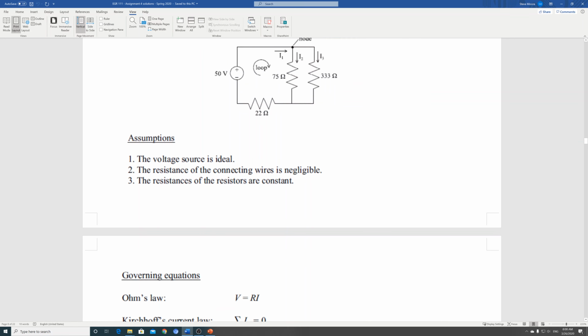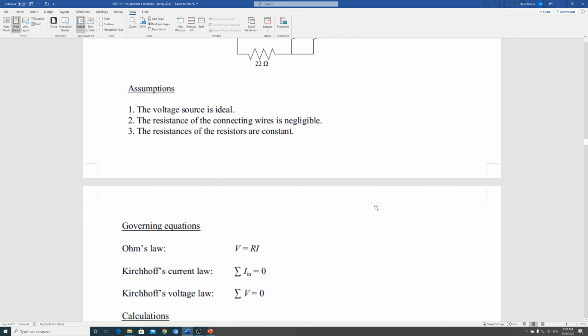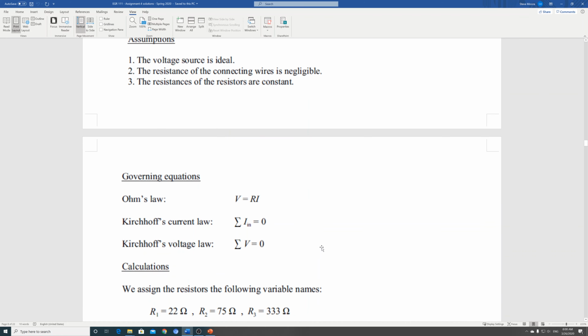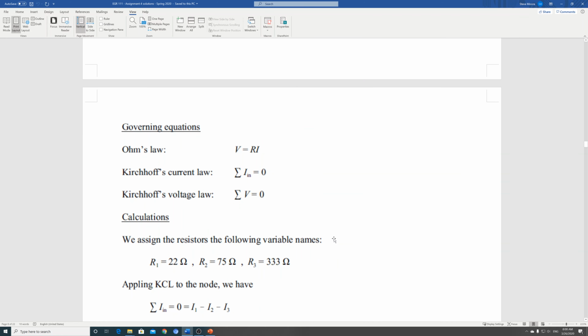Okay, so here's our governing equations. Of course, Ohm's law, Kirchhoff's current law and Kirchhoff's voltage law. The first thing we want to do is, well, here's the assigning of the resistors. That's already defined. So we're going to apply KCL at the node.